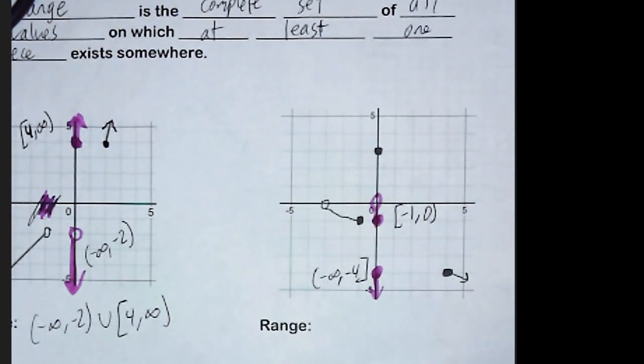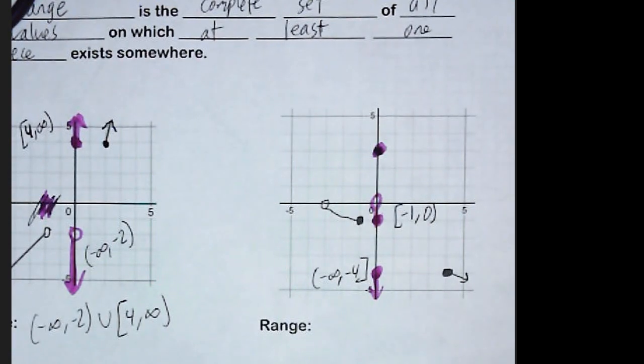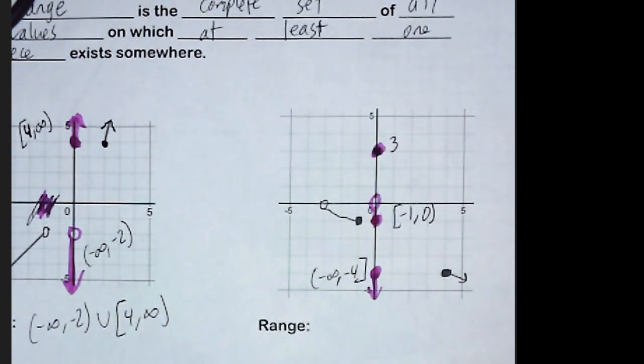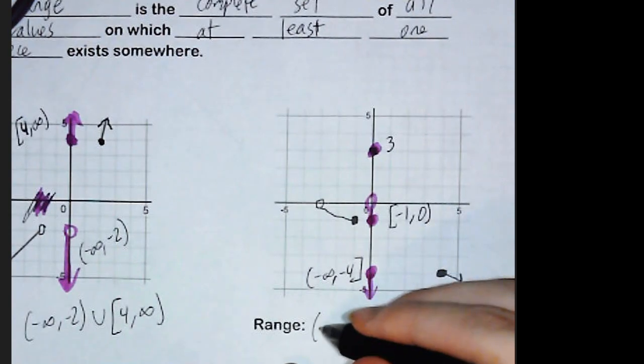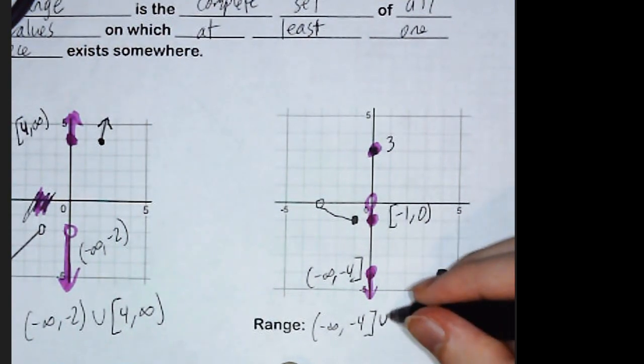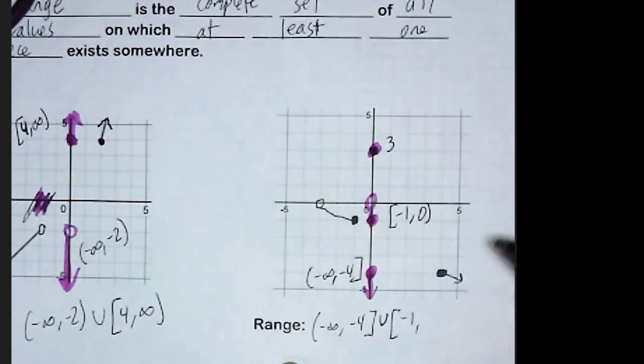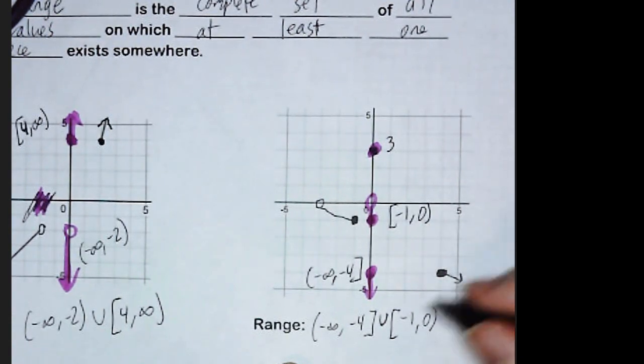Alright, and now for our last range, we just have one little point here, which is at the y value of +3. So our full range is going to be from negative infinity to -4, including -4. That was a bad way to phrase that.